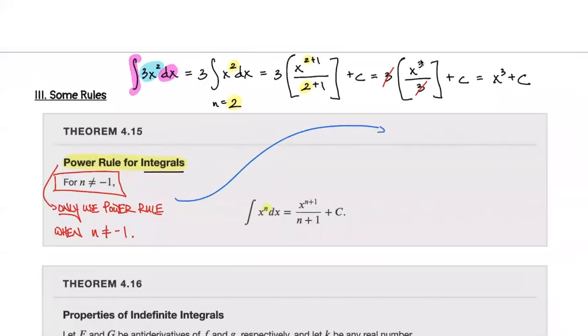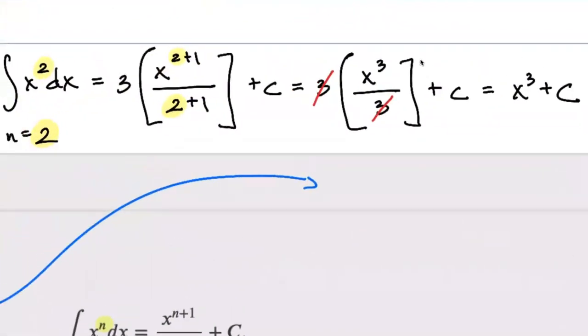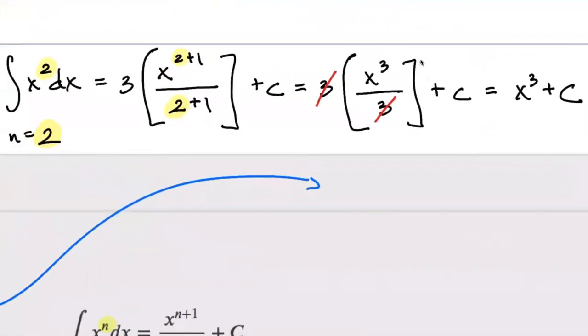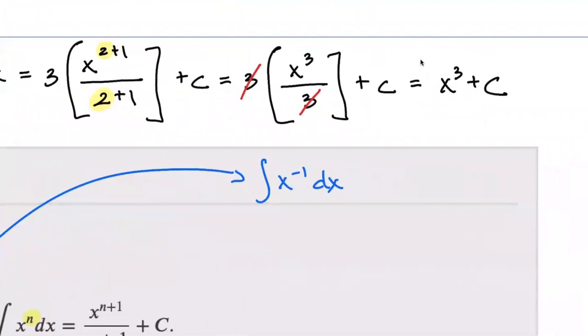So let's bring this over here. The exception. If I have the integral of x to the -1 dx, another way I could write that is the integral of 1 over x dx. In other words, my function is 1 over x. That's what I got after I took a derivative. So what function did it come from?